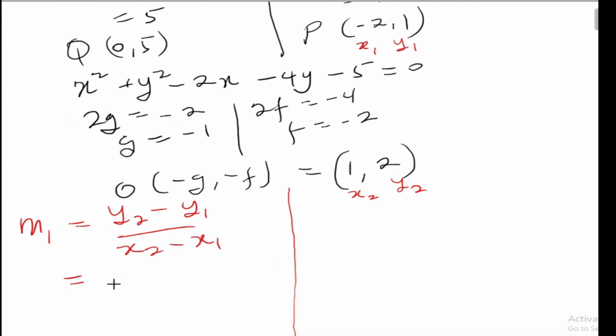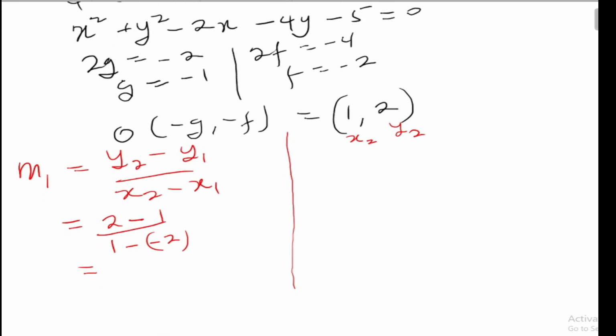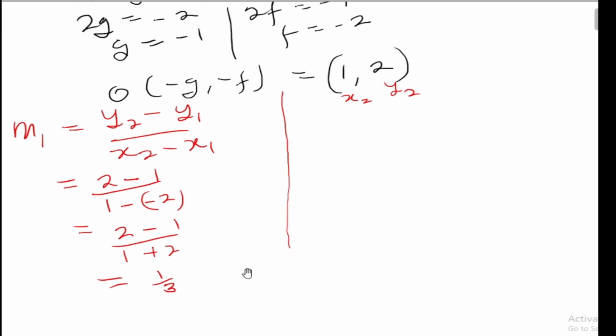Now my y2 is 2 minus my y1 which is 1, all over my x2 which is 1 minus x1 which is -2, and this is going to give me 2 minus 1 over 1 plus 2, and that will give me 1 over 3. Alright, so this becomes the gradient of the line segment PO. I decided to call that gradient M1.